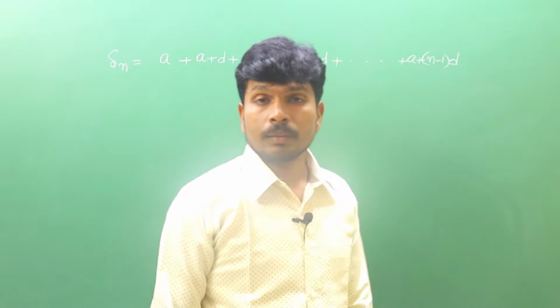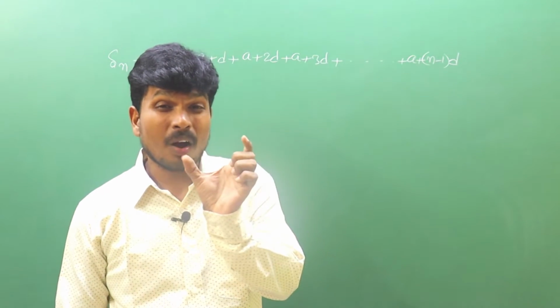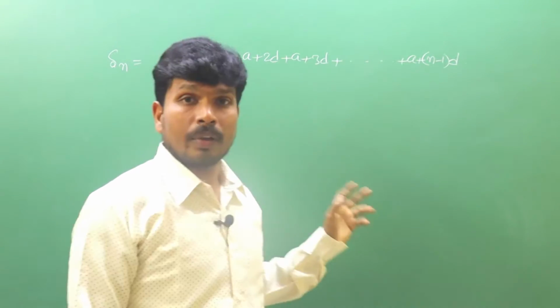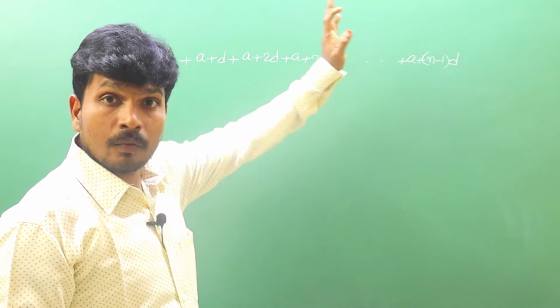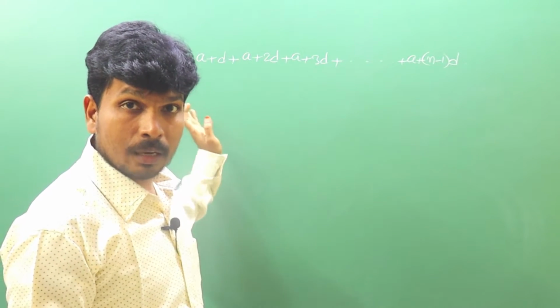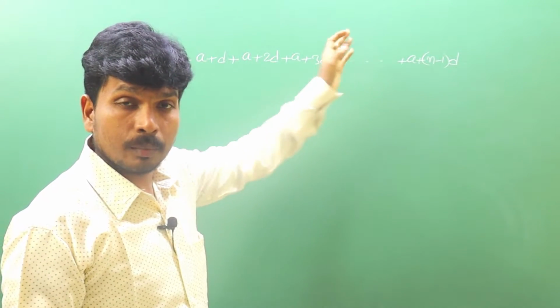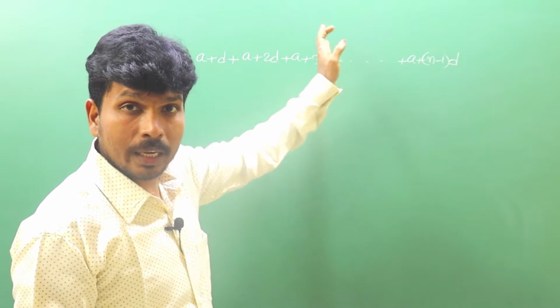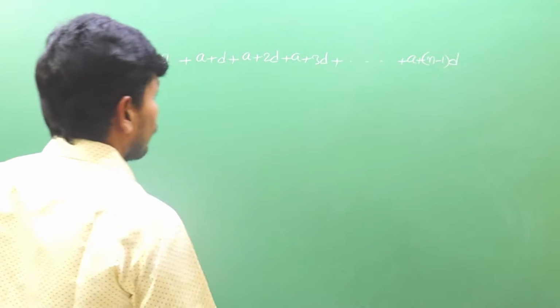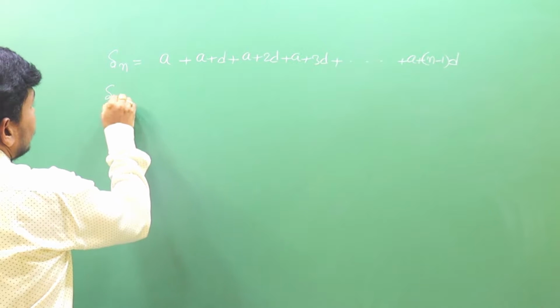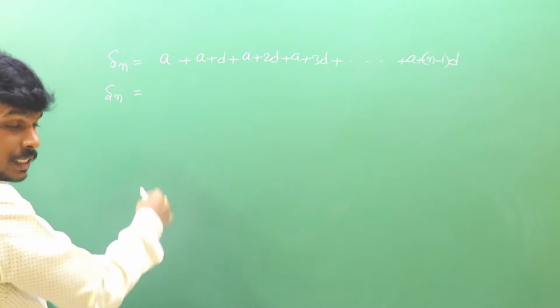Definitely some constant value will come when we add the first term and the first term from the end, the second term and the second term from the end, the third term and the third term from the end. So that's why you have to go through like that. Again, Sn I am writing in descending order.